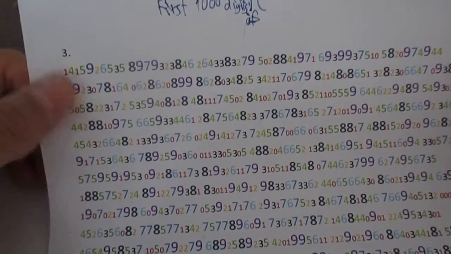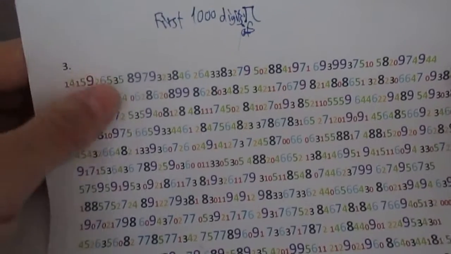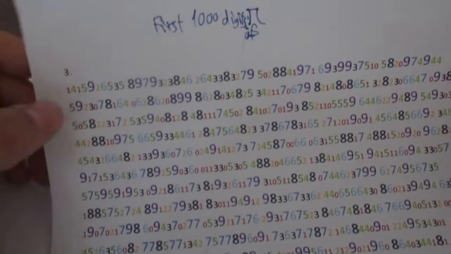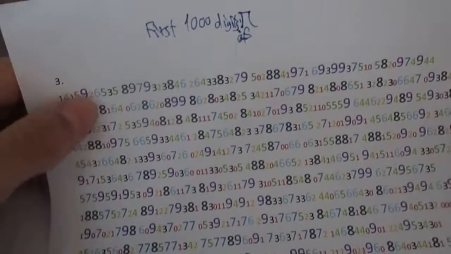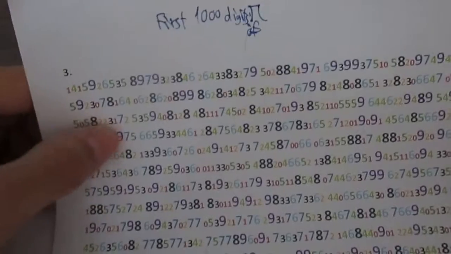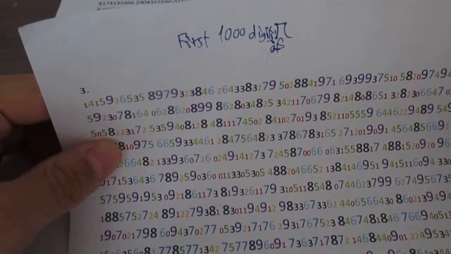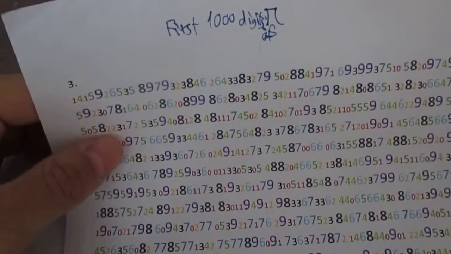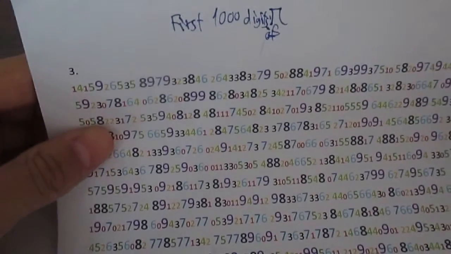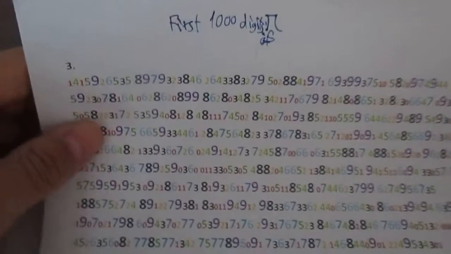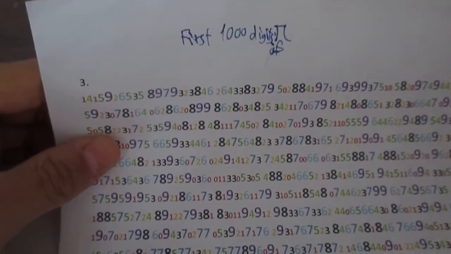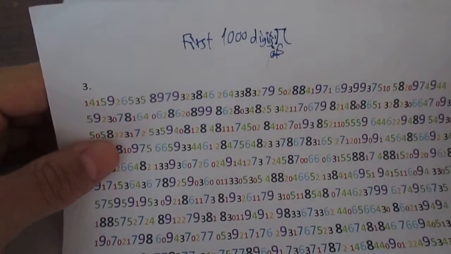Just memorize straight 1415, or all the first 10 digits in a row. The quantity of digits, or the length of the chunk you memorize, depends on you.